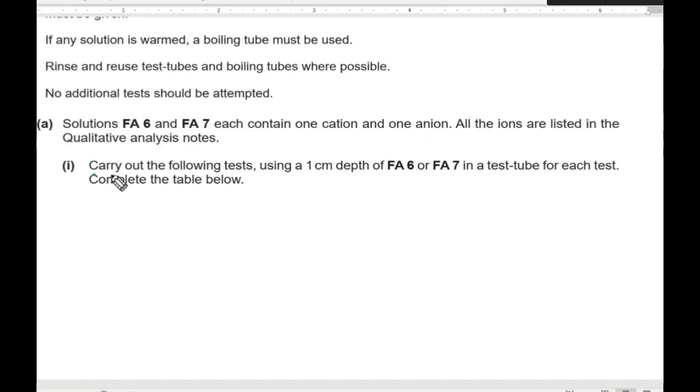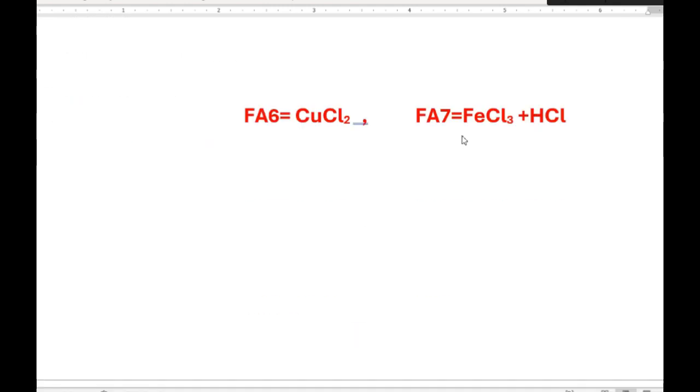So carry out the following test using a 1 centimeter depth, a small amount, exactly 1 centimeter is not needed. A small amount of FA6 and FA7 you will use in a test tube for every test. Complete the table below.